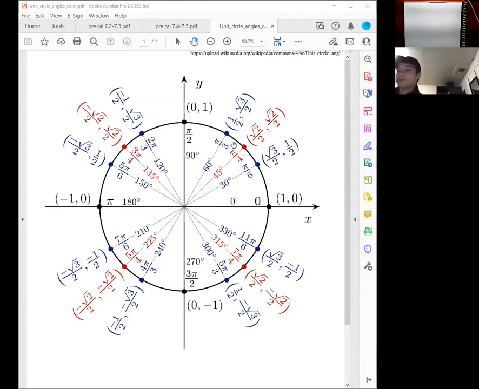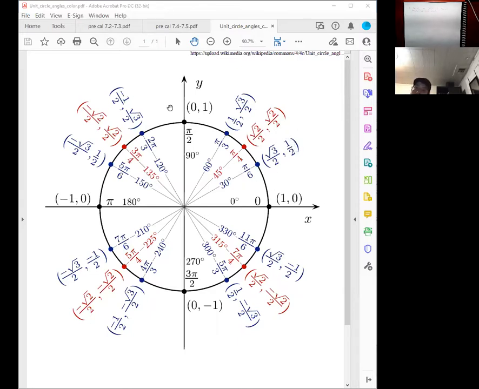So a quick rundown on how to use it, just in case. The x values will pertain to cosine, all the x values. So if I say cosine of 30 degrees, you would give me an output of square root 3 over 2. If you say sine of 30, then that output is 1/2.